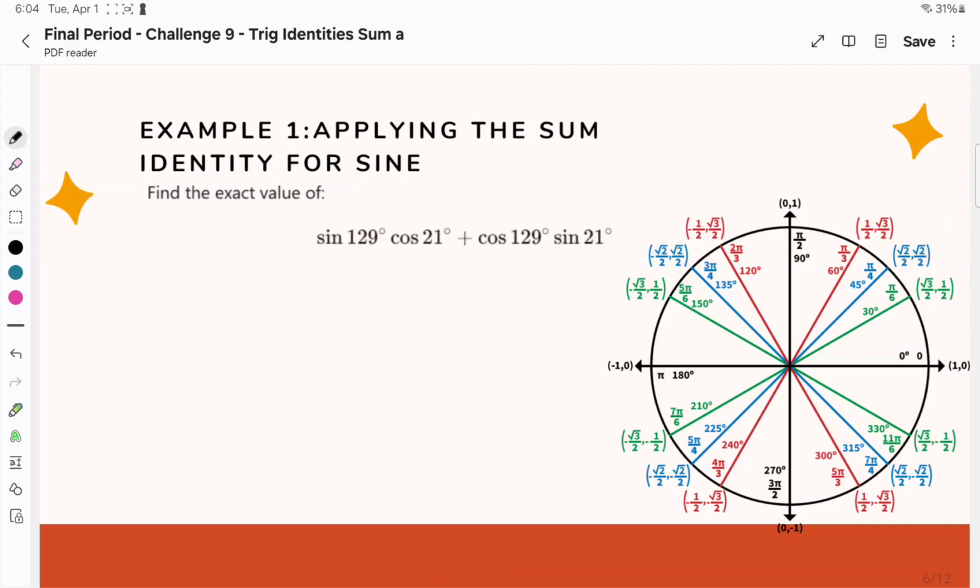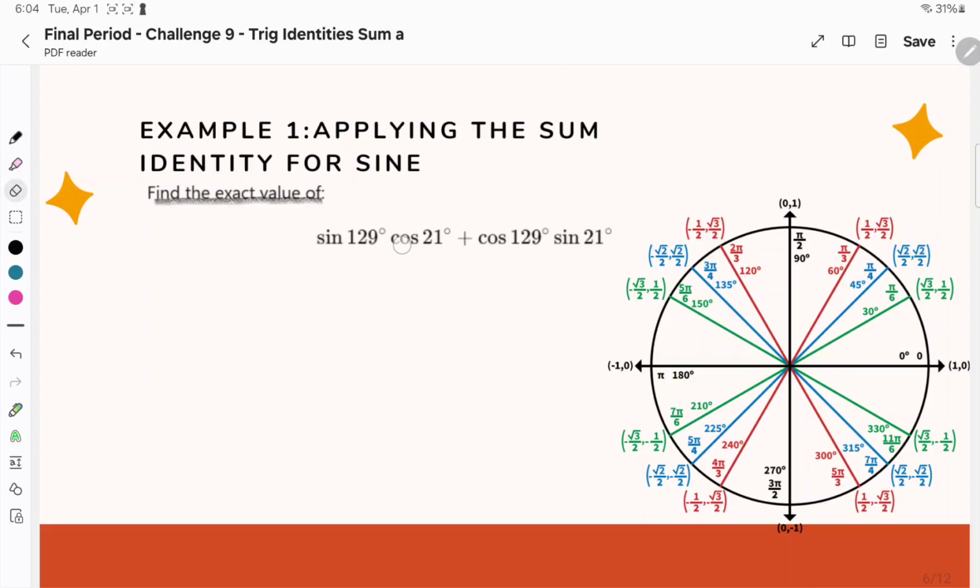The first example says we're gonna apply the sum identity for the sine. So first example, it says find the exact value of sine of 129 degrees multiplied by cosine of 21 degrees, and then add cosine of 129 degrees, sine of 21 degrees.